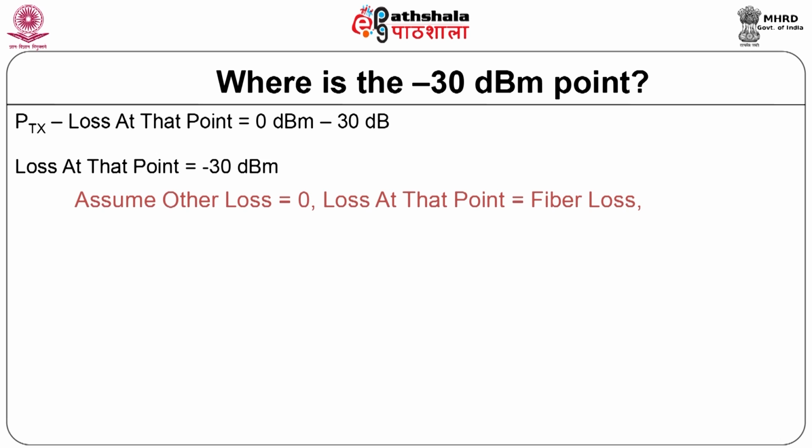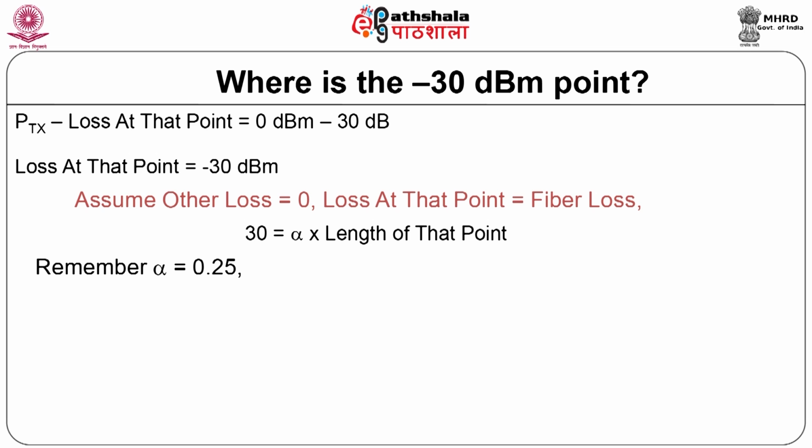Assume other losses as 0. Loss at that point is equal to fiber loss. So 30 is equal to alpha into the length of that point. Remember, alpha is 0.25 and the point length is 30 upon 0.25, that is 120 kilometer.